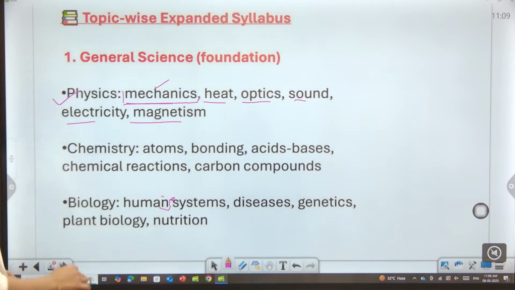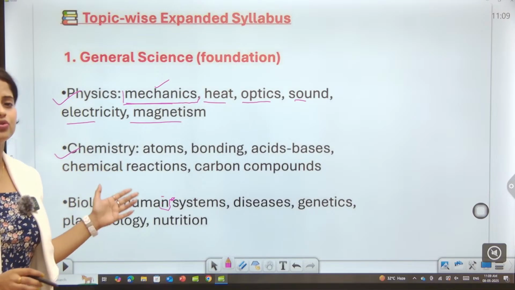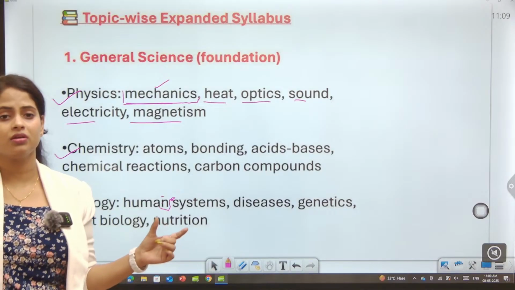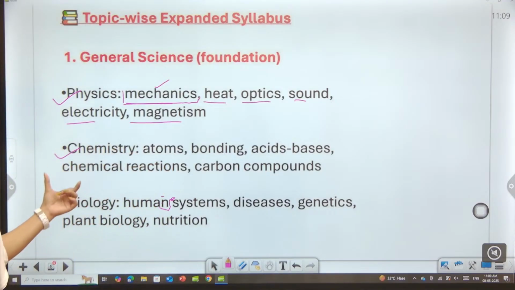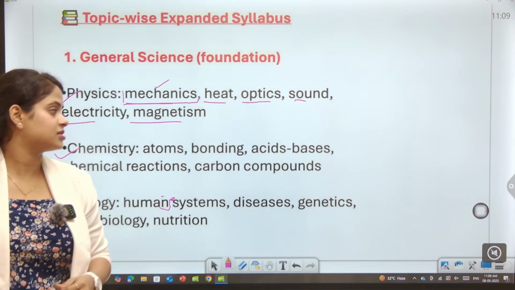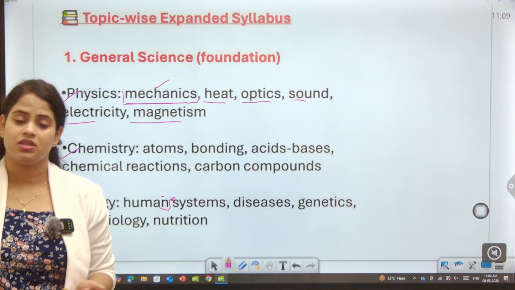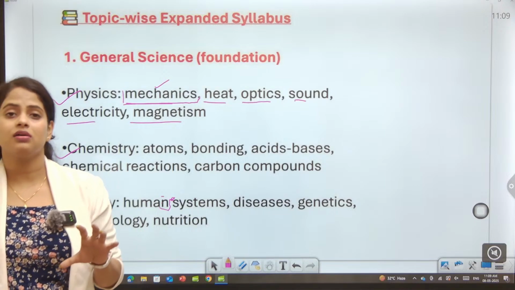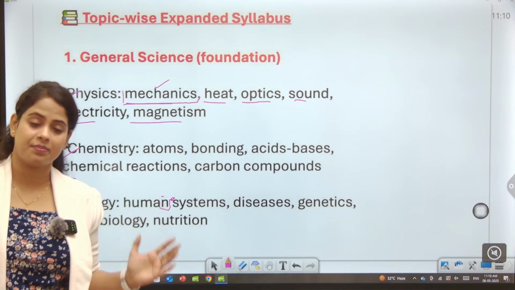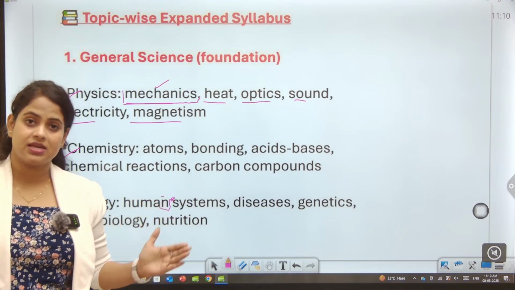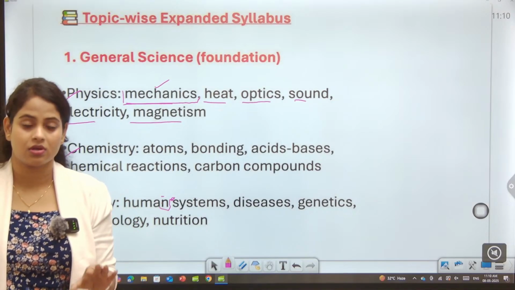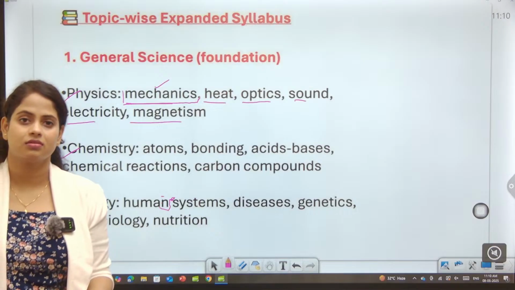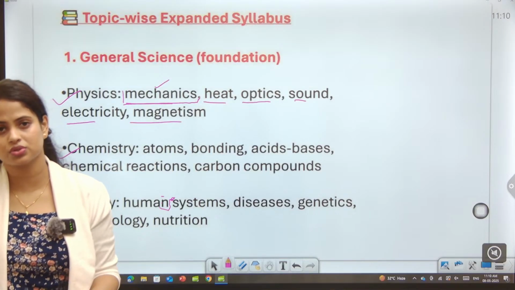Okay. And if we come to the topic of chemistry, that is atoms, bonding, acids, bases, chemical reactions, and carbon compounds. The same thing as I have told you: if we are strong in our basics from NCERT, or even if not, you can go through the NCERT easily and get a good score.